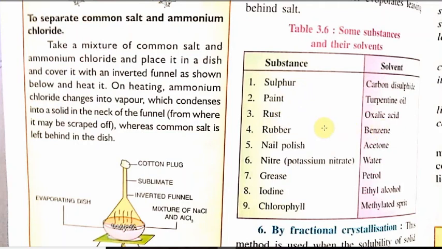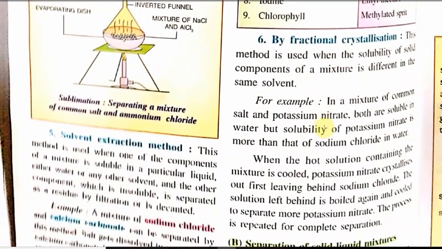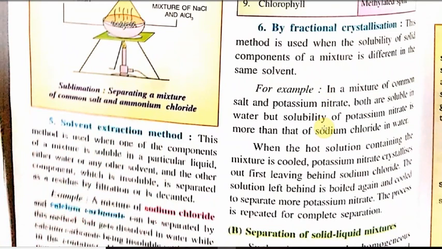So this solvent extraction method is used when only one of the given components of a mixture is soluble in a particular solvent. So it means we can pick and choose how we want to get a mixture component dissolved. The second method is fractional crystallization.